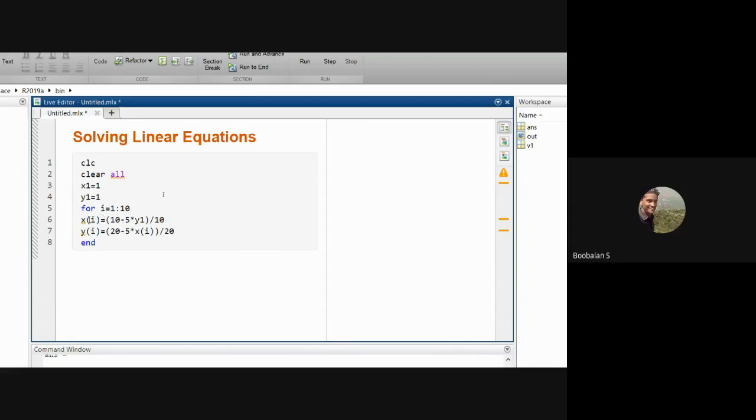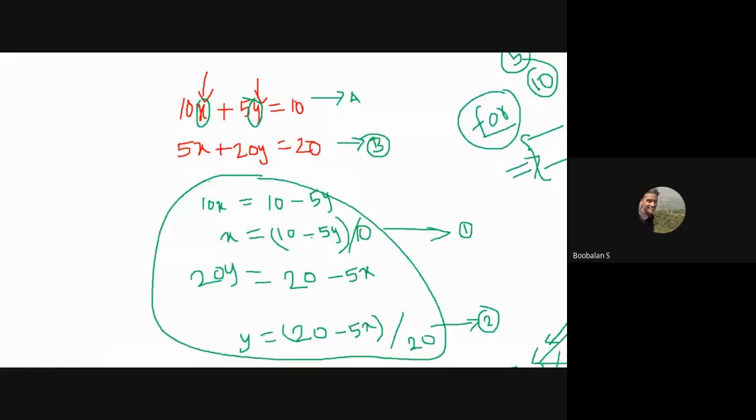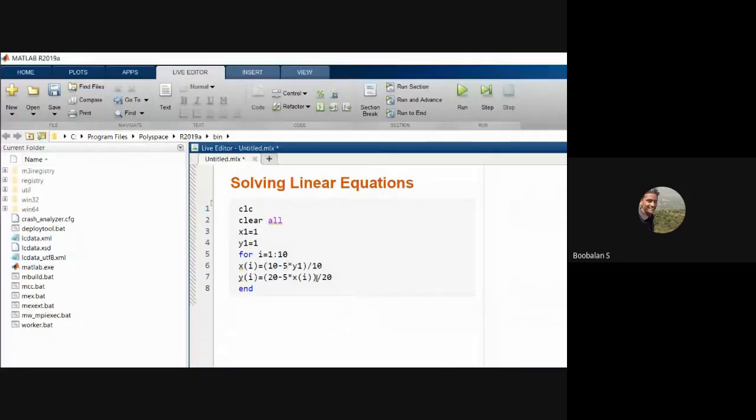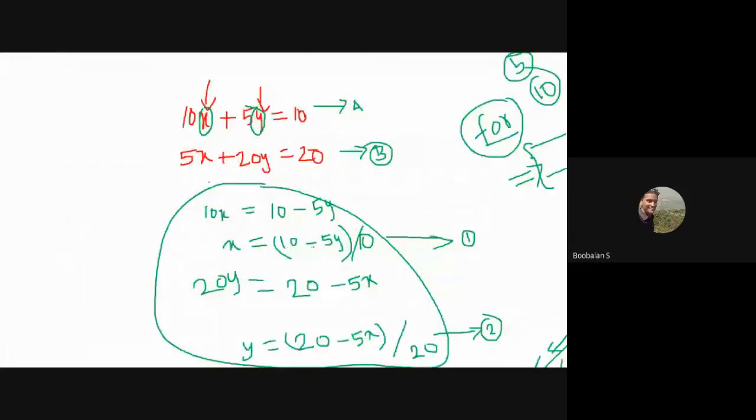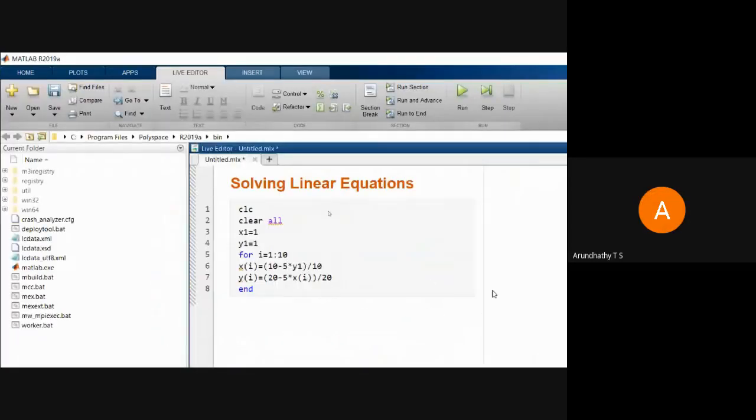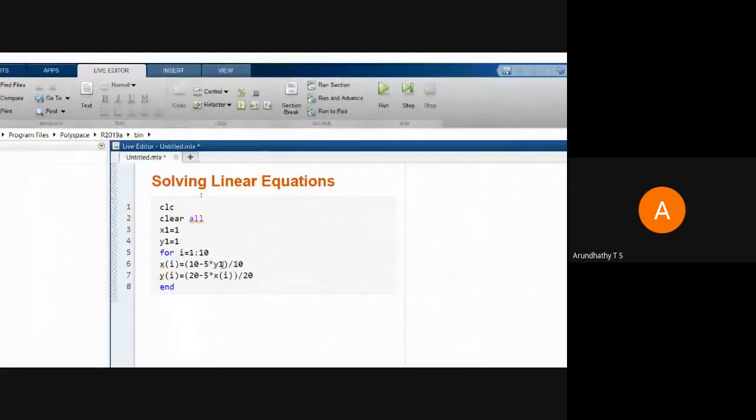That equation, sir: x1, because it is 10 minus 5y divided by 10. Yes, correct. My question is, how did we write y1 here? Because for all iterations it will only take the y1 value as such. Oh, got it. We need to use y of I, right?